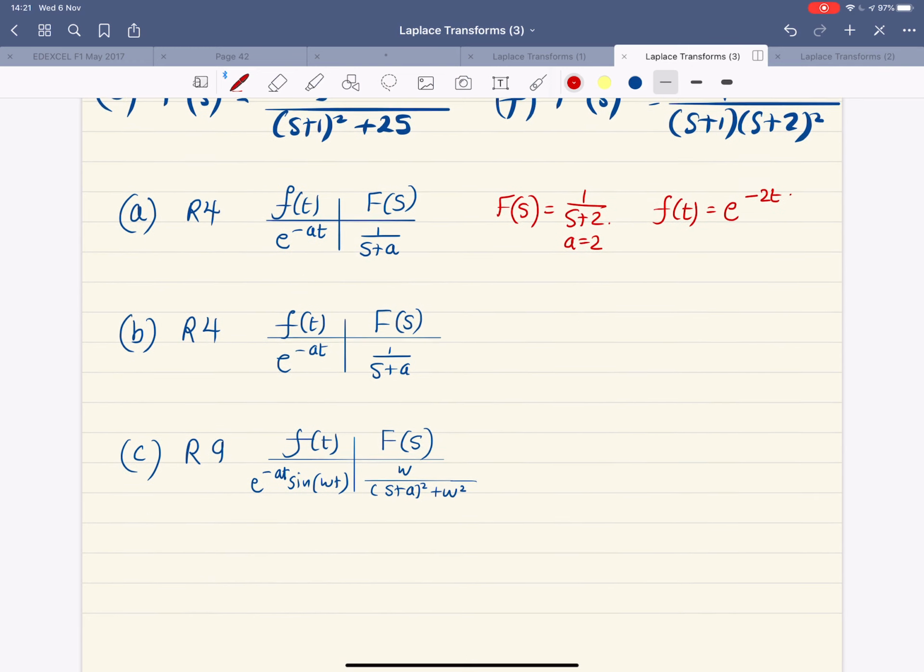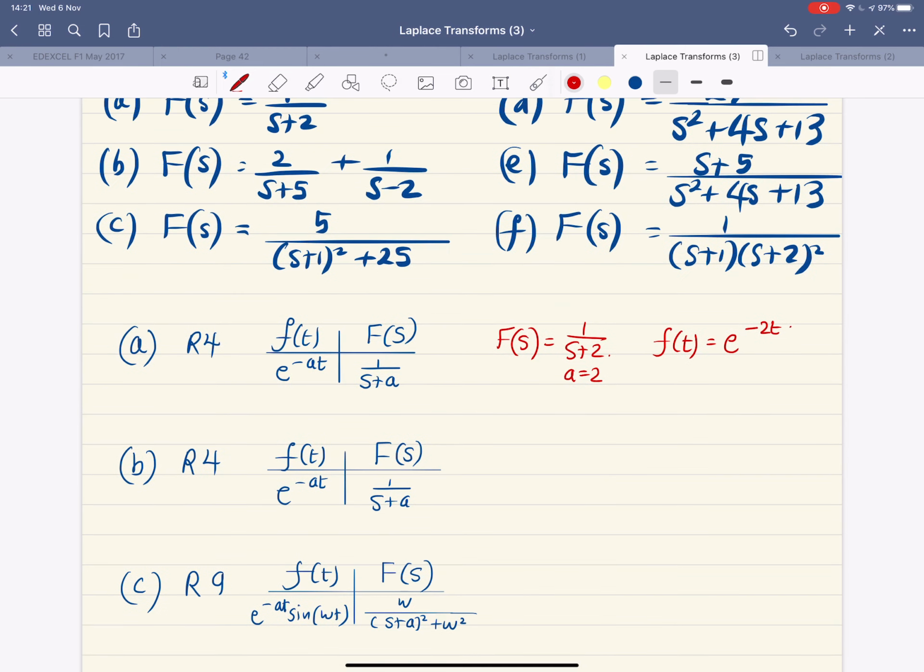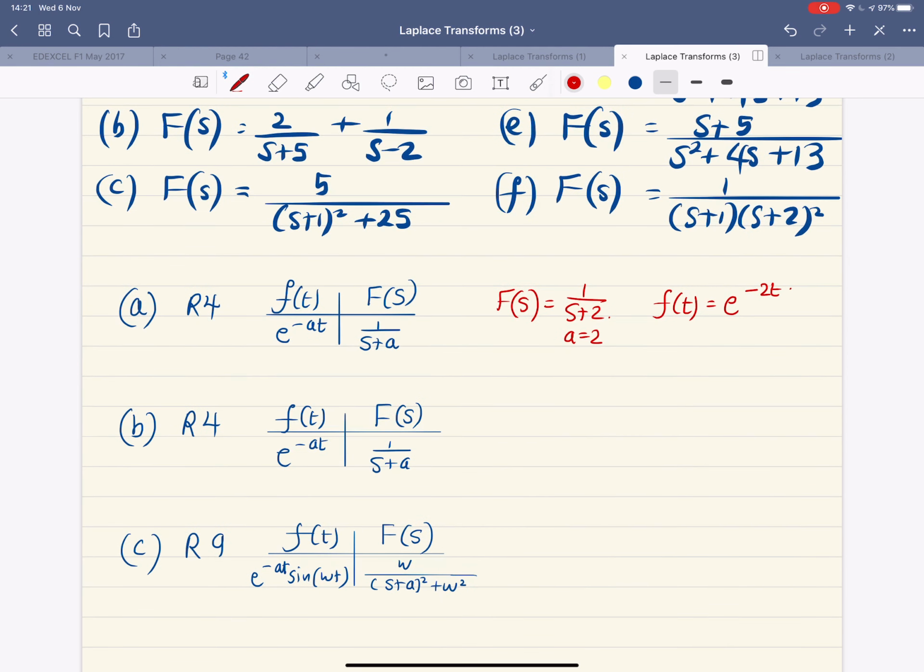Okay, B. The question is f of s, there it is at the top, f of s is 2 over s plus 5 plus 1 over s minus 2. Now this is two of row 4, the 1 over s plus a, added together. The first one's got a constant 2 multiplied here, so that gives us a k in the front. If you've got a k on the top, it multiplies the e to the minus at in the front.